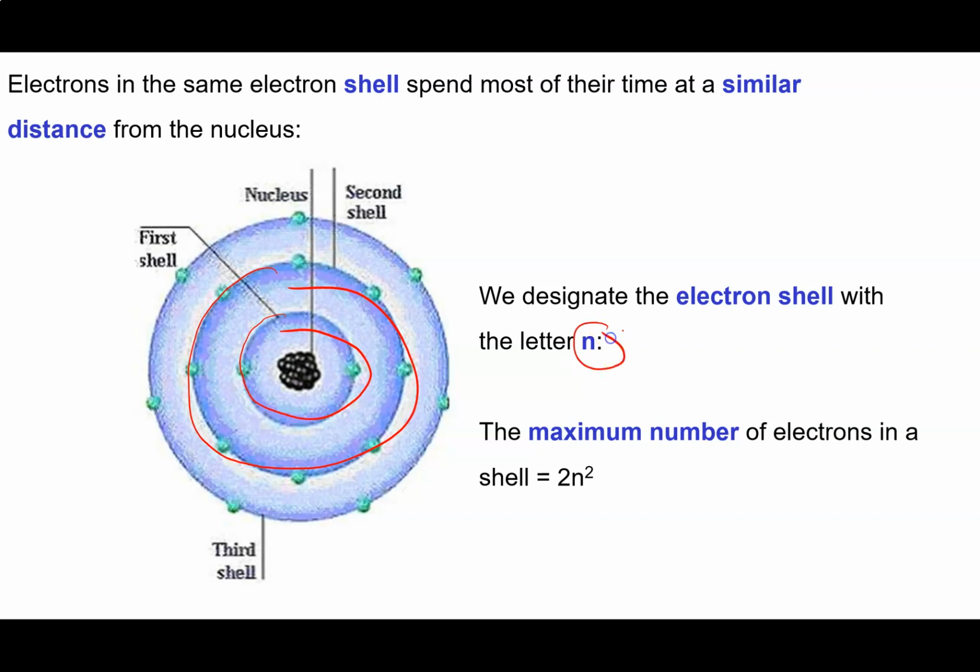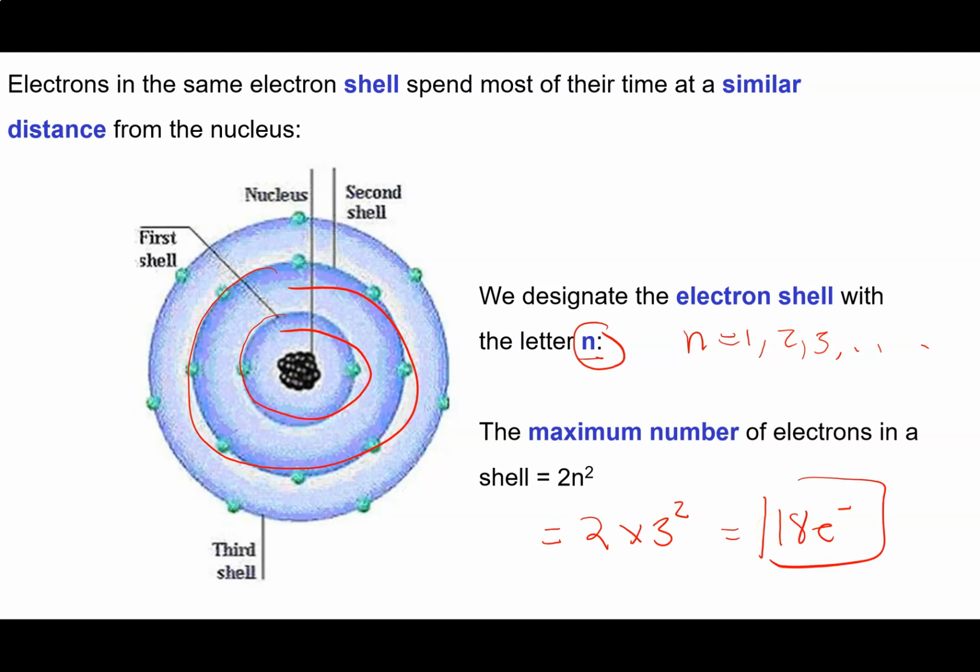We indicate the electron shell with the letter n, and n will just be a whole number: 1, 2, 3, etc. And then we have a real simple formula for the maximum number of electrons that can go into a shell. It is just 2n squared. So if I have the 3rd shell, 2 times 3 squared, 3 squared is 9, 2 times 9 is 18 electrons that could go into the 3rd layer of electrons.